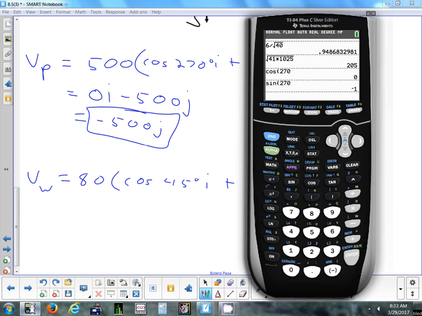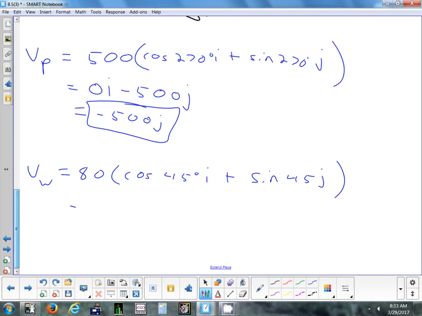So let's just do the first one. 80 cosine 45 is 56.57. So the jet stream is blowing the plane 56.57 miles per hour towards the east and 56.57 miles per hour north.